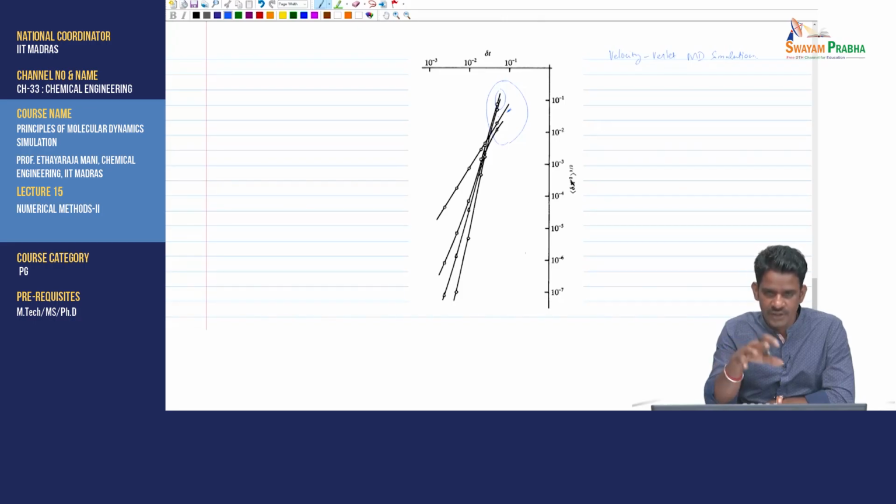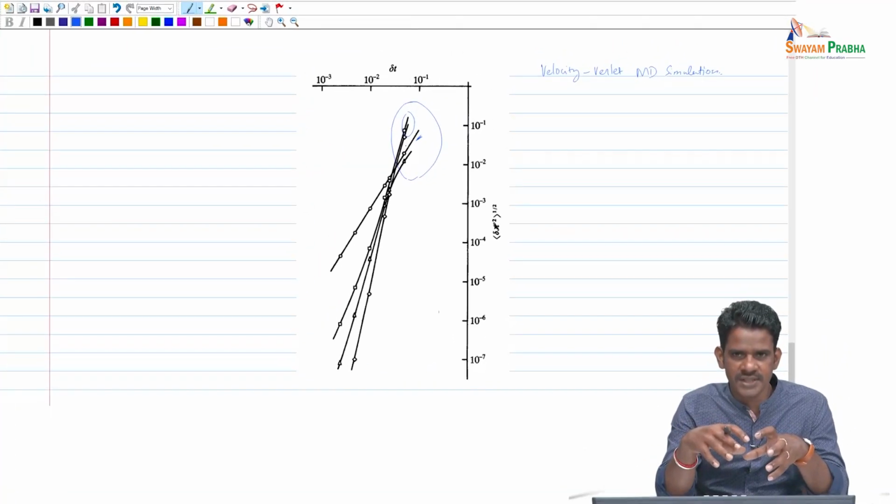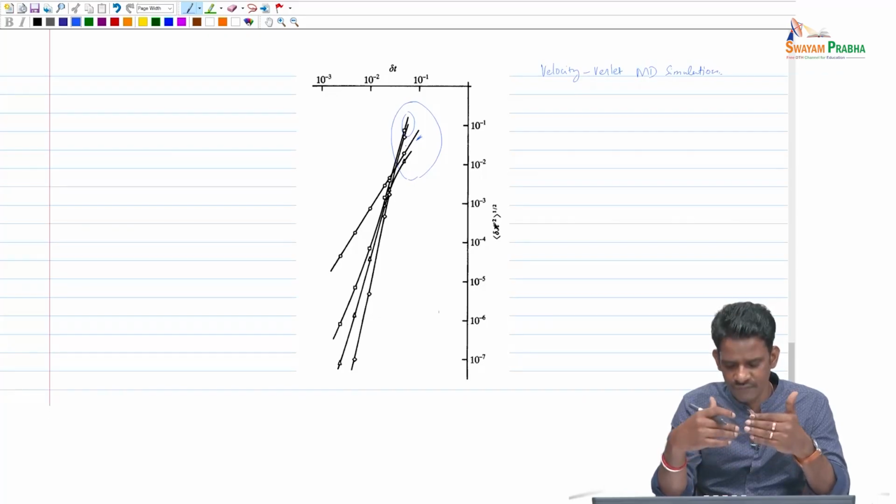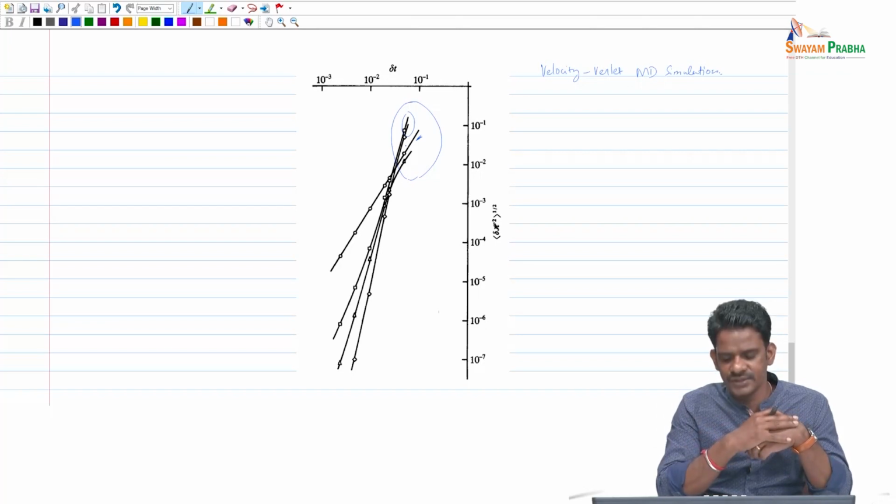But in MD simulations, you have intermolecular forces coming from the neighboring molecules, and in a given delta t time step there are many molecules going in and out of this neighboring zone, and all this information is not taken into account when you go to higher order Gear's algorithm. So, if you go to higher and higher order algorithms, there is not much improvement in the calculation of the positions and velocities. Because of this we want to restrict to simple algorithms like velocity Verlet, which can be done in just 2 steps with minimal storage.